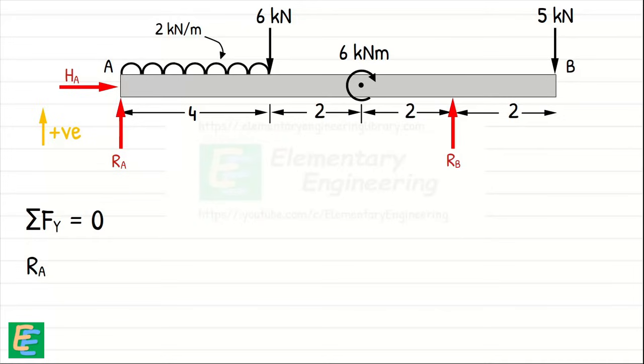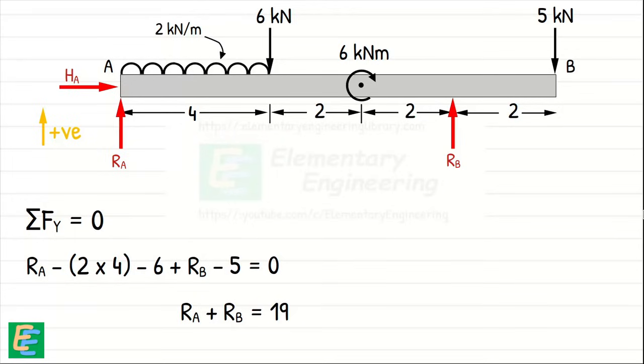Then UDL 2 kN over the length 4 meter downwards, so minus. Then point load 6 kN downwards, so negative. Then support reaction RB upwards, so positive. And finally, point load of 5 kN downwards, hence negative, which simplifies to this.